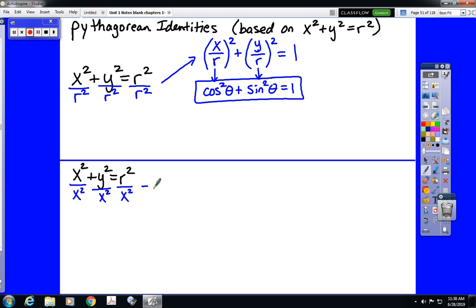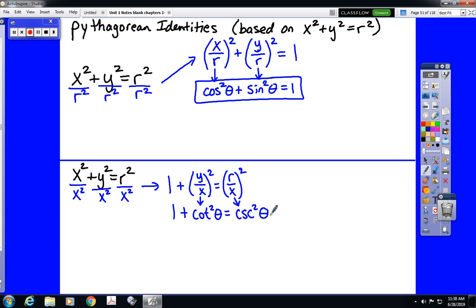Then we are going to have 1 plus (y over x) squared equals (r over x) squared. Well, y over x is tangent, so that's 1 plus tangent squared, and r over x is secant. So there's a second Pythagorean identity.